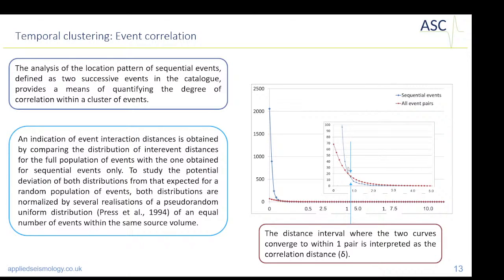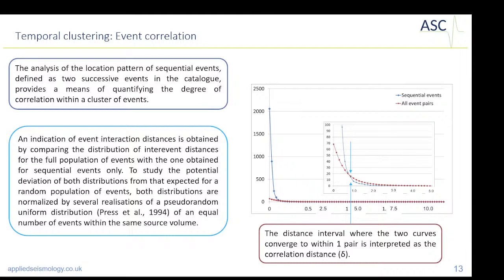The distance where these two distributions cross can be interpreted as the correlation distance, or the distance of interaction between our events, where one event and another are actually related and likely interacting with each other.